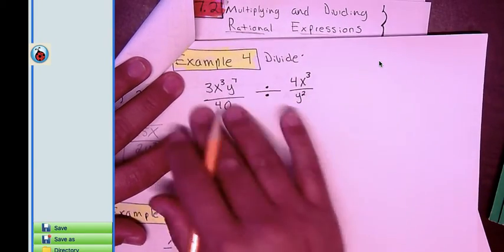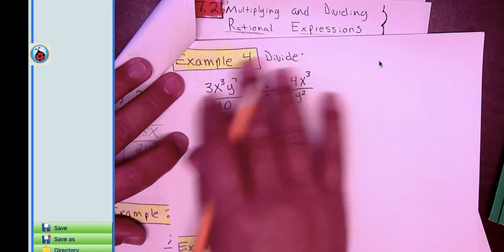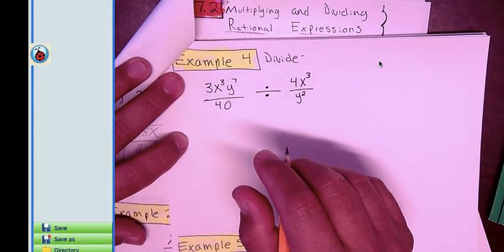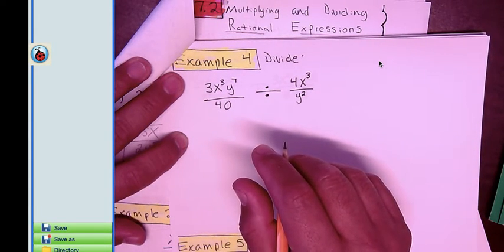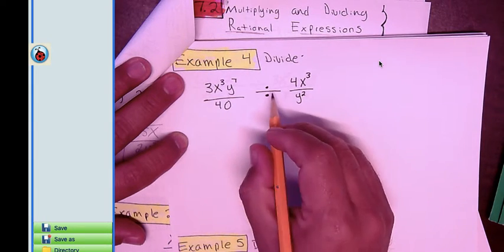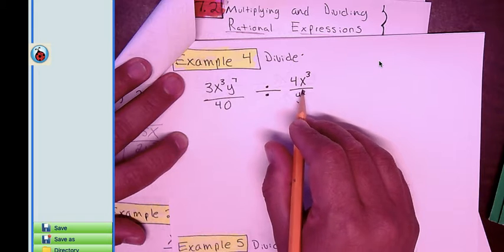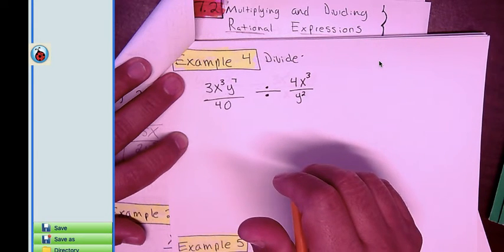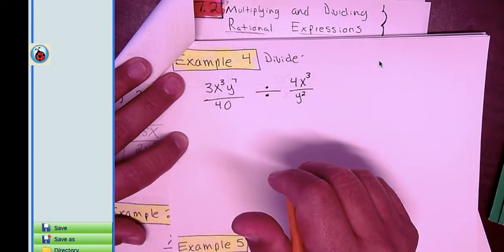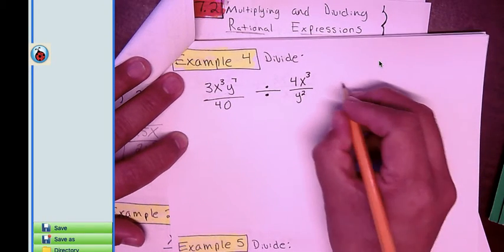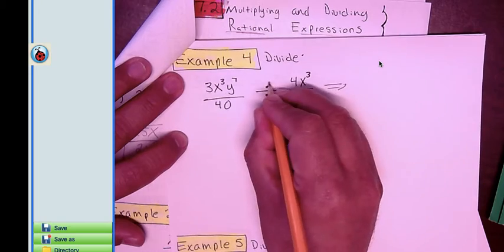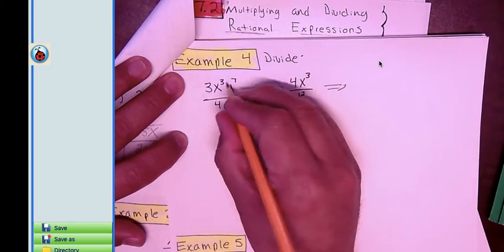So before we do anything, you can think about doing the keep, change, flip. In the book, I don't think they do that, but it would be a good option to do. Let me see. Yeah, they are. So this is what you do here. To get rid of that division, you keep the first one.